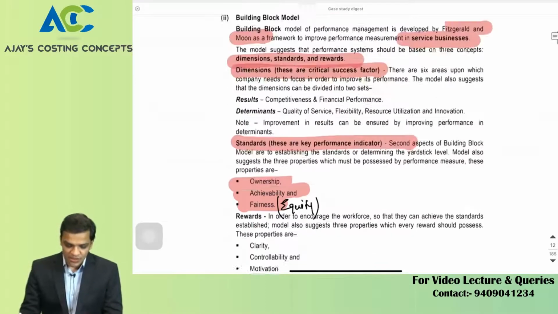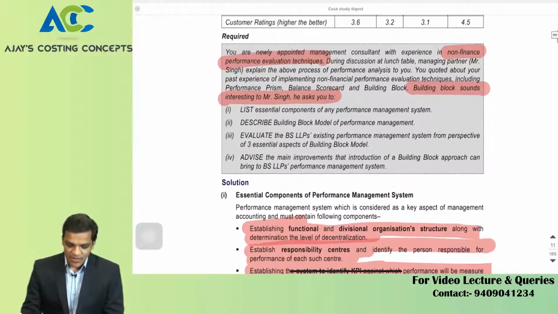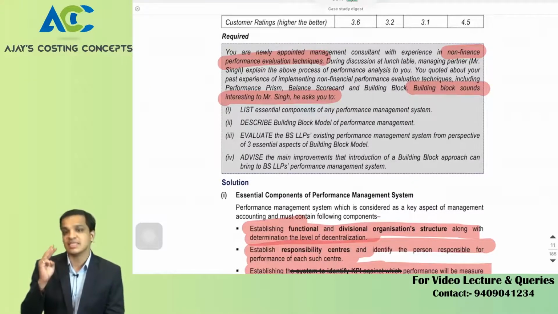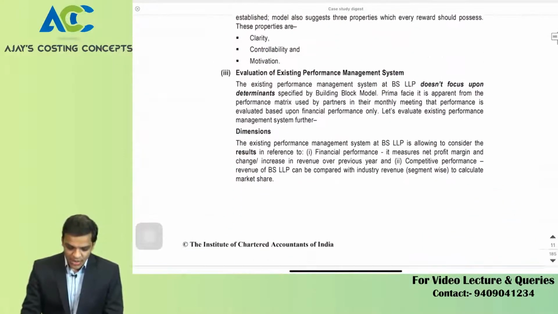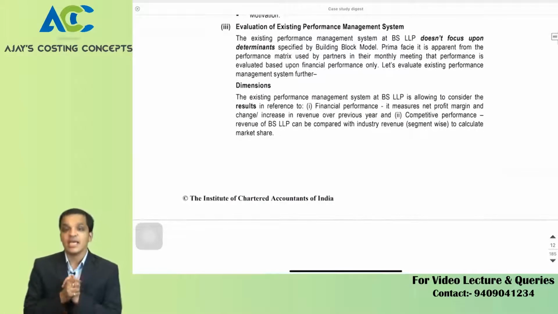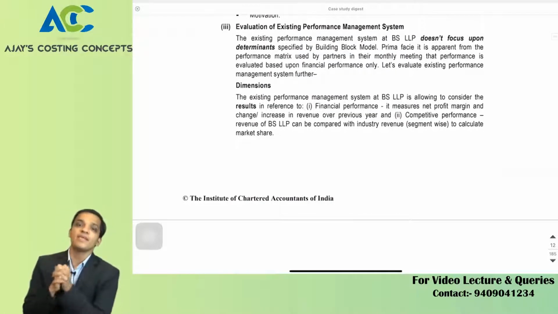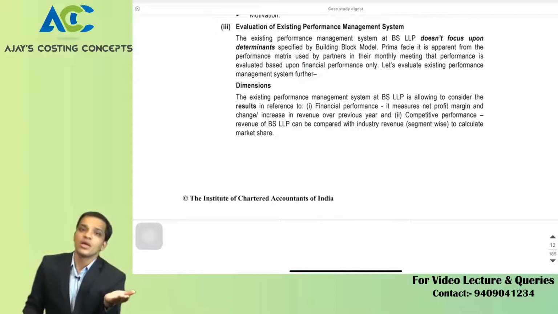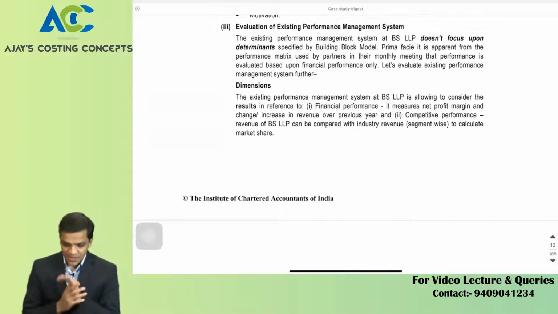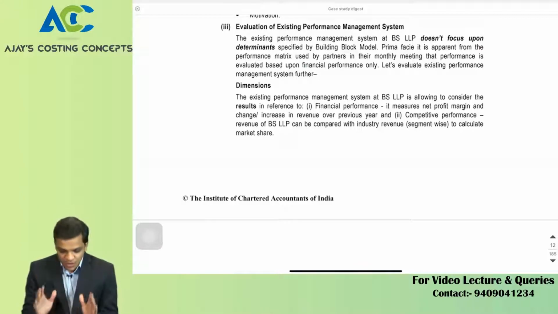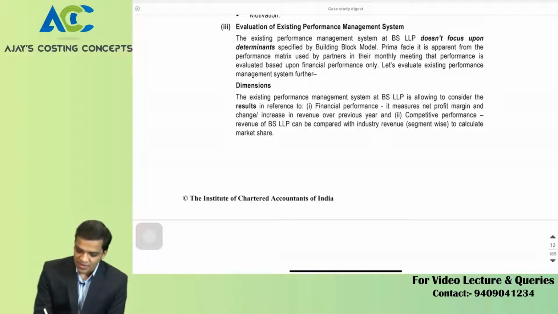Now evaluation, when it comes to the third question: evaluate BSLV's existing performance management system from the perspective of three essential aspects. Now see, over here basically the third part is implementing the building block model in the question, that is BSLV. Now understand, the information given over here, they are not focusing upon determinants, right?